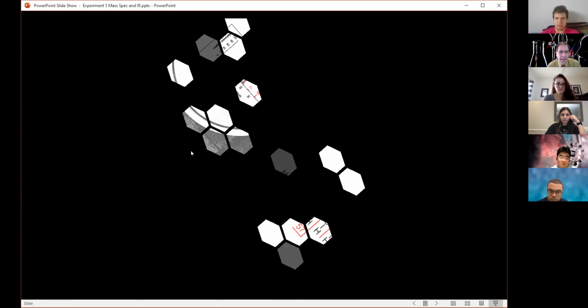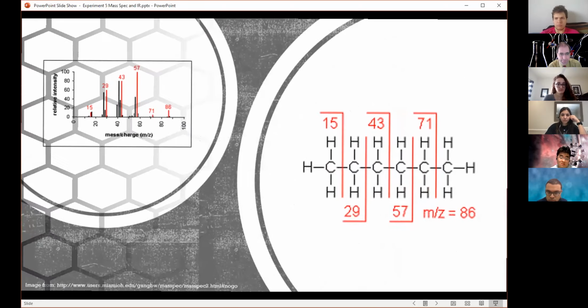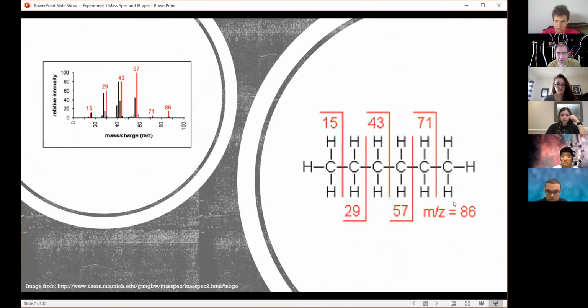So let's look at the molecule and the spectrum again. All right, so if we start over here on the left, if we have the whole molecule, we just give it a charge, it's gonna weigh 86. If we lose this methyl group, so if we break, let's say carbon 1, 2, 3, 4, 5, and 6. If we break between carbon 5 and 6, we're gonna get one fragment that weighs 15 and one fragment that weighs 71.